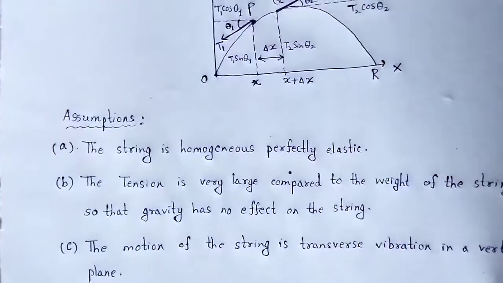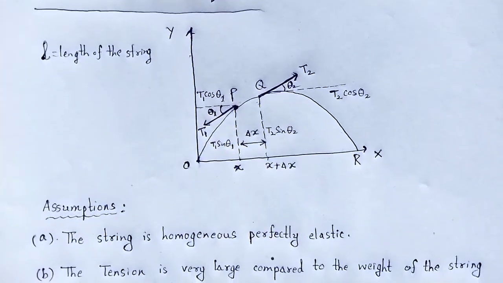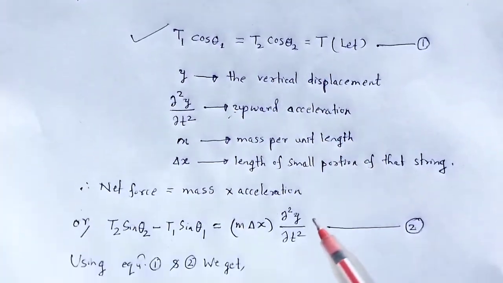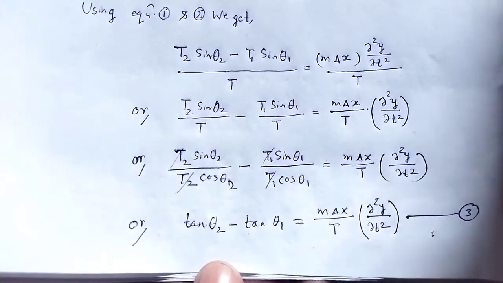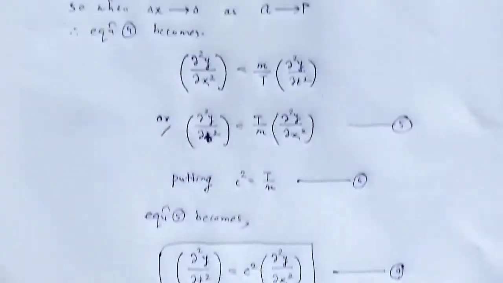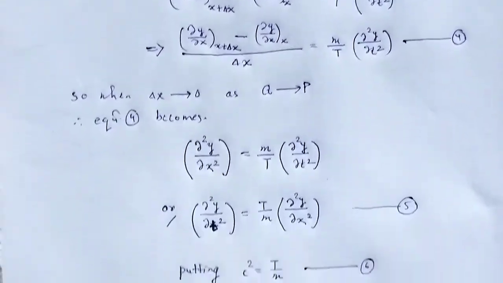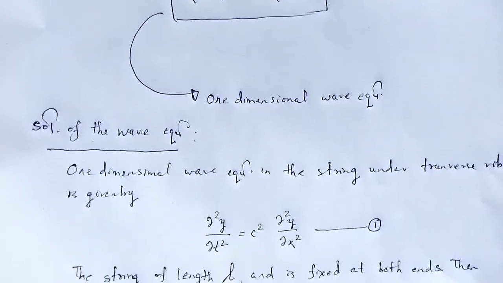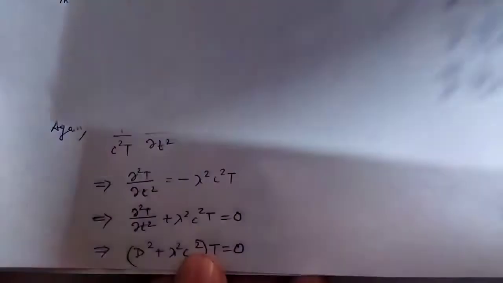Take an overall look here. This is the one-dimensional wave equation. We take the assumptions and proceed mathematically. Then the solution of the wave equation and its boundary conditions.